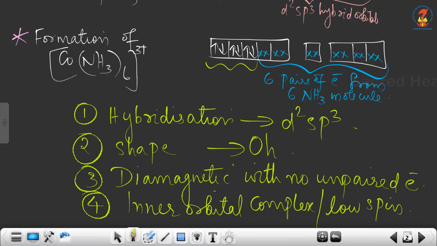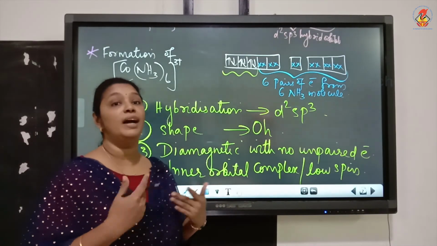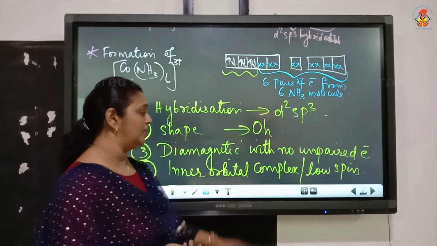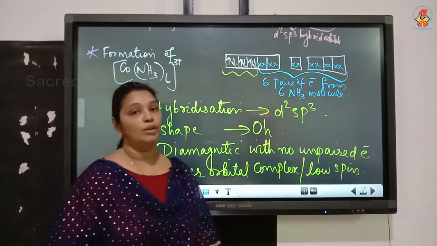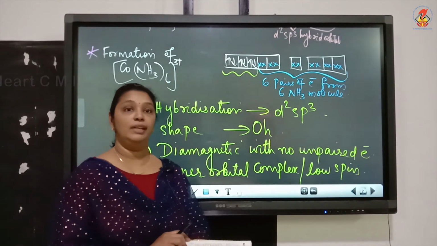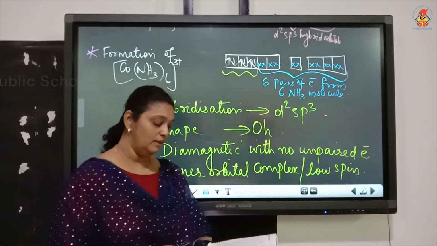Low spin means the spin is 0 here because it is diamagnetic. If the number of unpaired electrons is more, it will be a high spin complex, or else it's a low spin complex. And we know inner orbital complexes are low spin complexes. So these four pieces of information we have to write after each explanation of the bonding in coordination compounds.